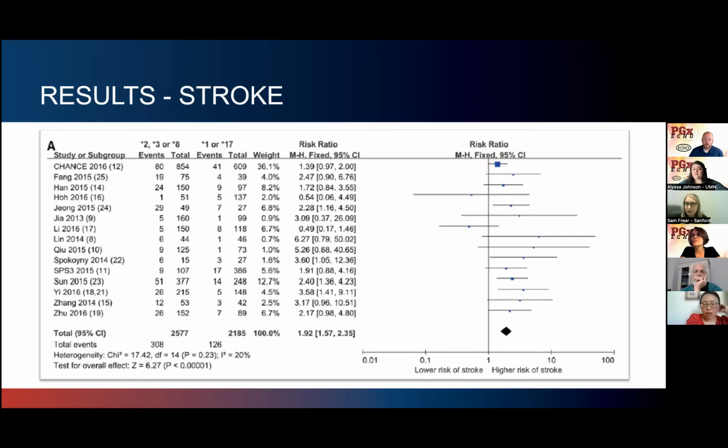One thing to point out, though, is they did do an analysis where they took that data out and still found that effect size to be statistically significant. So overall here showing that shift towards the right there of having that higher risk of stroke and that effect size, nearly a risk ratio of 2, that 1.92 there.